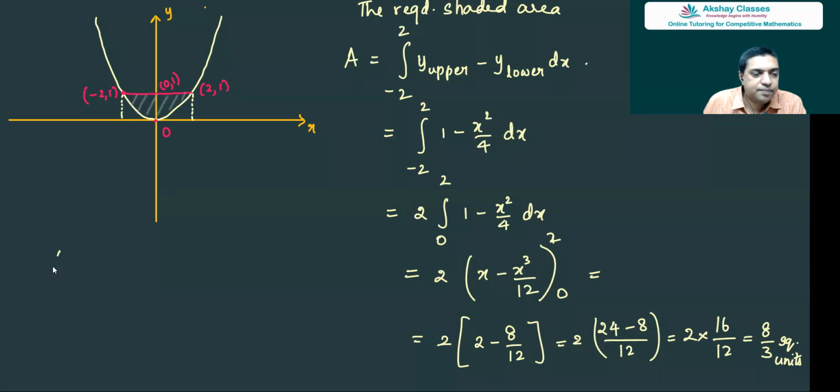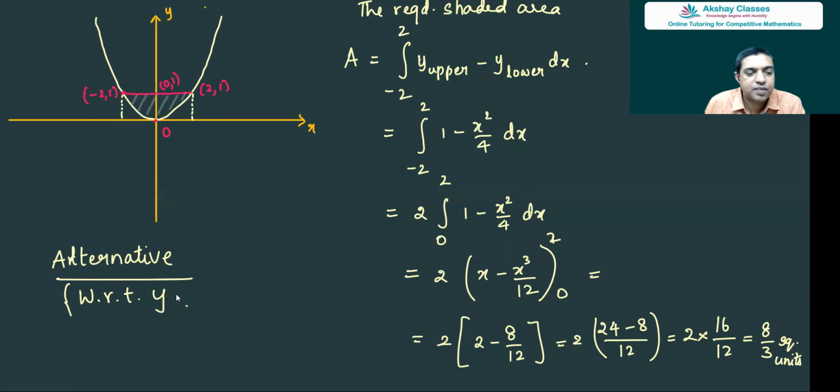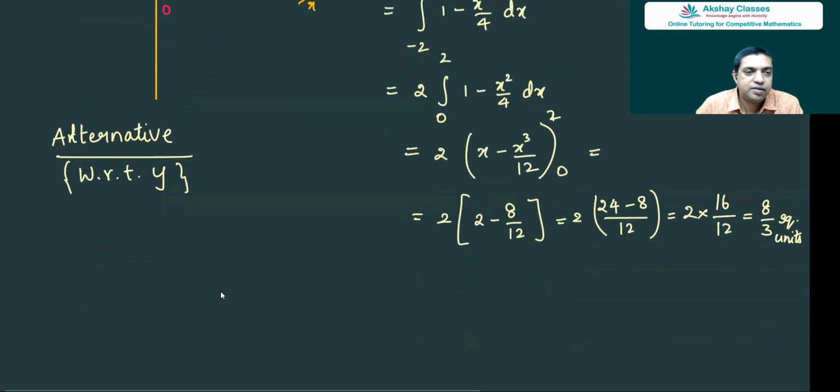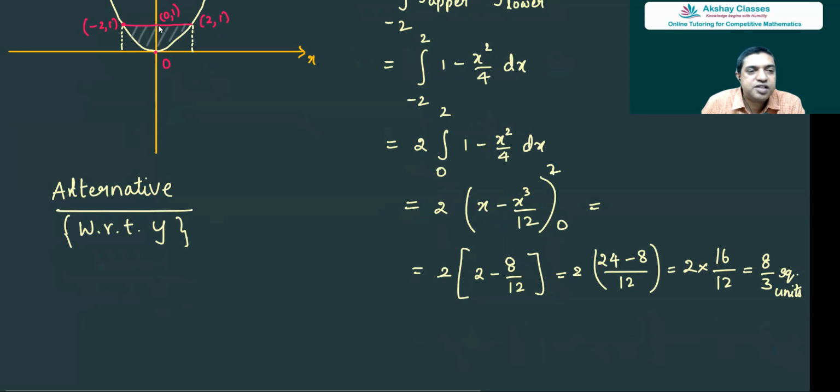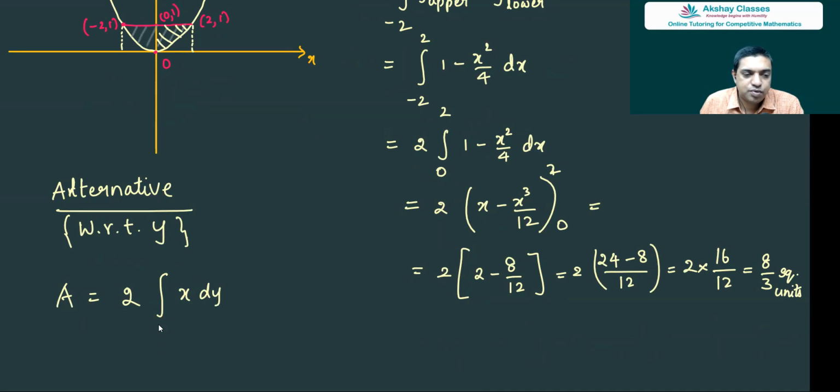Now alternative, with respect to y. Integrating with respect to y, what we do, from 0 to 1. So area is twice of, because this side is there, this side is there. You just choose this particular area and multiply that with 2. So twice of integral x dy, y varying from 0 to 1.